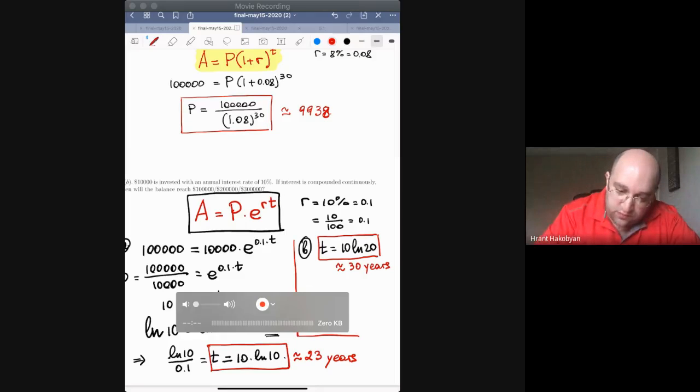Then for part C, which is 300,000, you need t equals 10 times the logarithm of 30, and that's approximately 34 years.